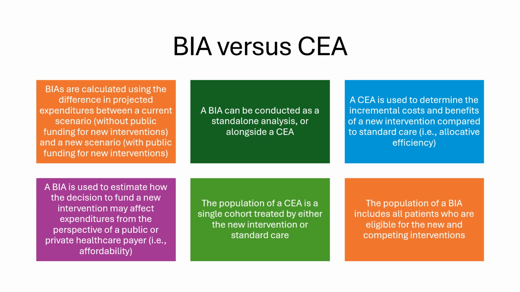Typically, the population of a CEA is a single cohort treated by either the new intervention or standard care. In comparison, the population of BIA includes all patients who are eligible for the new and competing interventions, and the shares of the new and competing interventions may change over time.